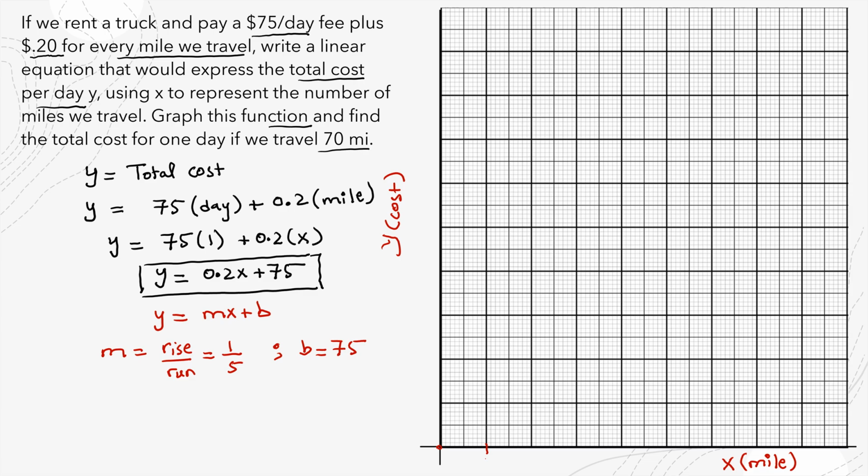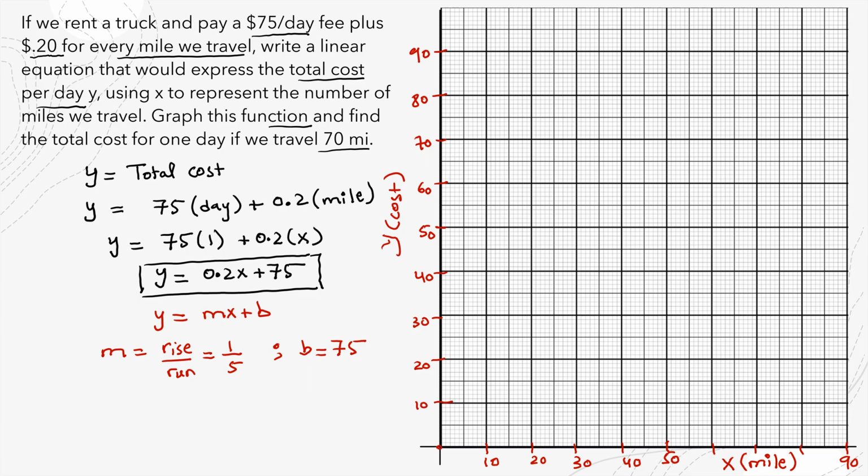So let me plug in some numbers: 10, 20, 30, 40, 50, 60, 70, 80, all the way to 90. Similarly, on my y, representing the cost, I have $10, $20, 30, 40, 50, 60, 70, 80 and 90.